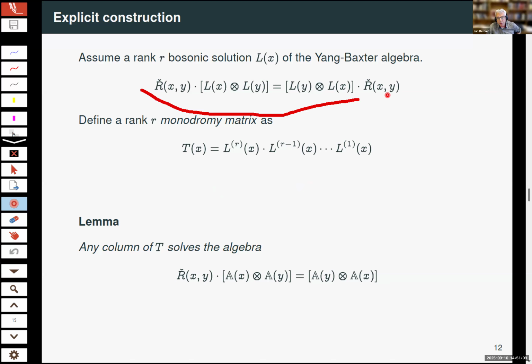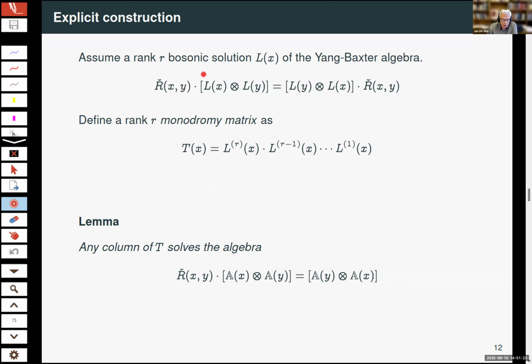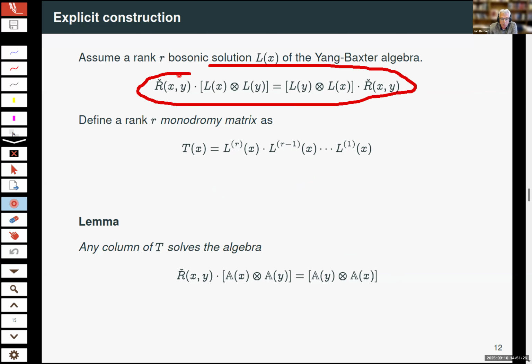So we go from the Yang-Baxter algebra, reducing the rank at each step, to a solution of ZF algebra. The point being that this equation is very similar to the Yang-Baxter algebra, except that there's no R check on the right-hand side.